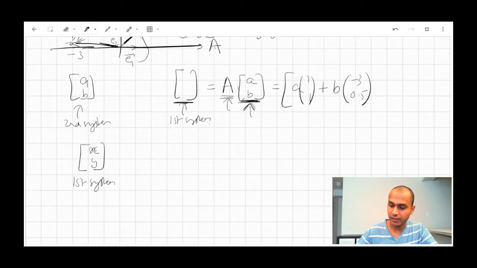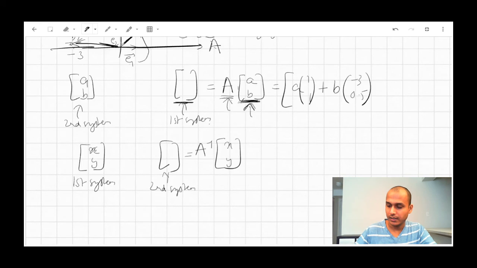So we can think of A inverse acting on (x, y) to give me a representation in the second system, right? So this is a change of basis which can translate from what I think the vector is in terms of my standard basis vectors to what would be the vector's coefficients, these two coefficients in terms of b1 and b2 vectors in the second system. So these are essentially the transformation matrices which can change the basis.